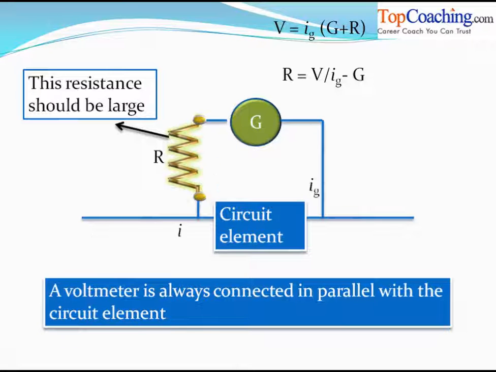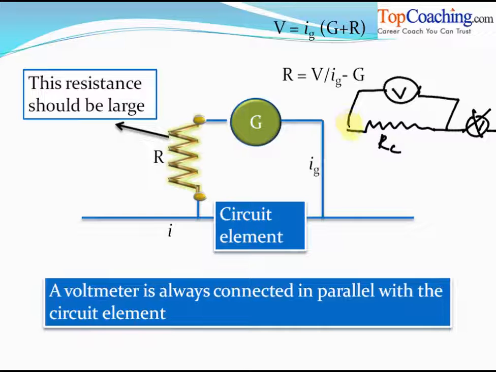So for example, if there is this resistance, the RC here, in that case if I connect a voltmeter here, then the potential difference will not be the potential difference across the resistance. However, if I connect a voltmeter here in parallel with the resistance, the potential difference across the voltmeter will be the same as the potential difference across the resistance. So that is the reason a voltmeter is always connected in parallel with the circuit element.